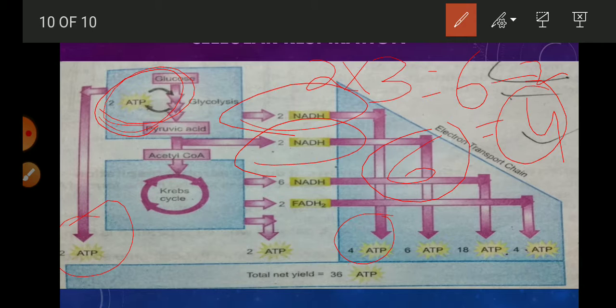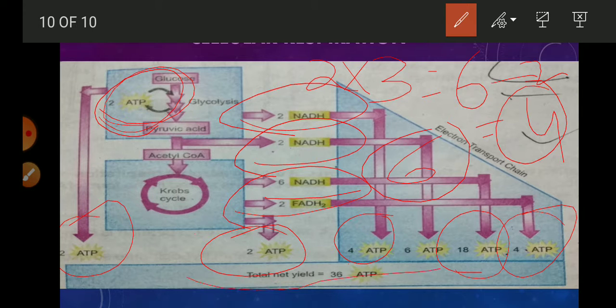Then in the Krebs cycle we get 6 NADH, and 6 into 3, we will get 18 ATPs in chemiosmosis, and 1 FADH2 forms 2 ATPs. So 2 FADH2 produces 4 ATPs. We get 2 molecules of FADH2 in the Krebs cycle. And 2 ATPs in the form of GTP we form in the Krebs cycle separately.